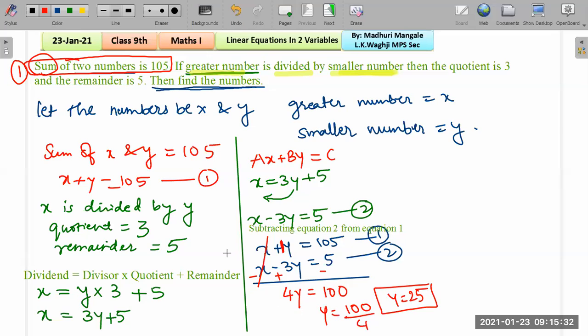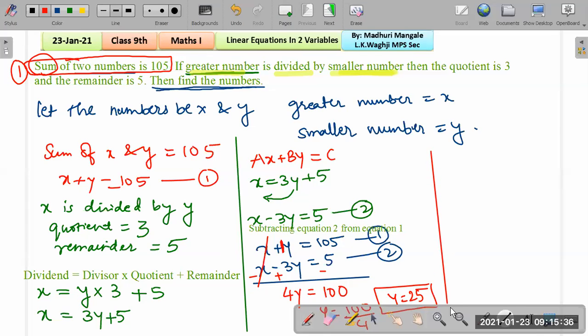And now we need to find x. And that part, you are going to do it, right, students? Rather, you all are going to solve for x. So the statement should be: put y equals 25 in any one of those equations. So let us use equation 1.